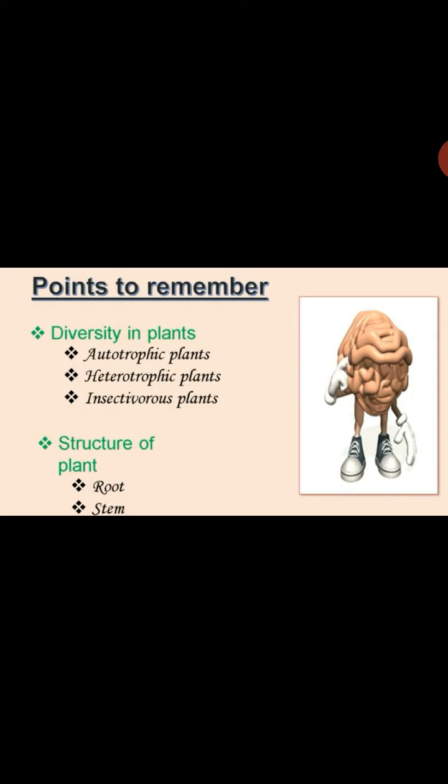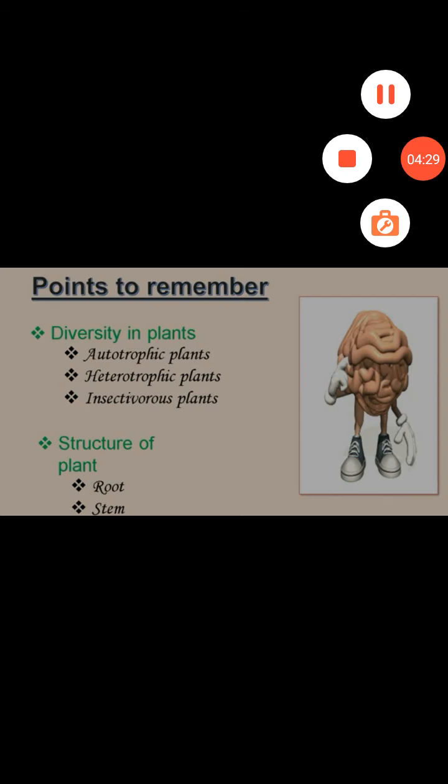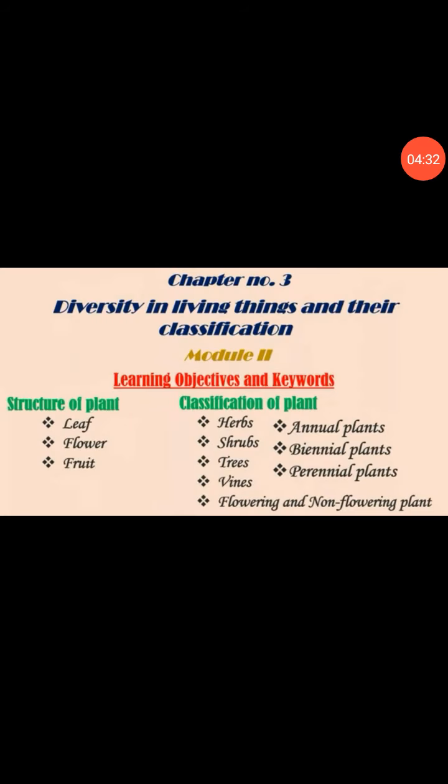Okay students, now moving to our next point, that is part 2 of this chapter. So students, let's begin chapter number 3, diversity in living things and their classification, module 2, means part 2. In this session we are going to learn structures of plants, about leaf, flowers, fruits in detail.